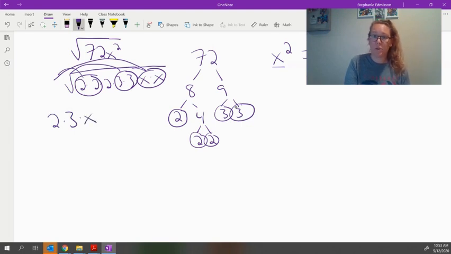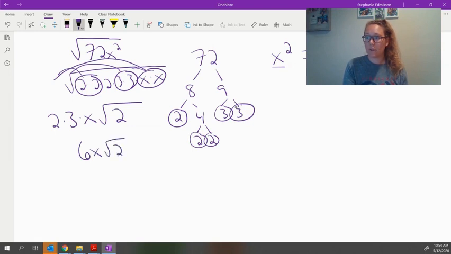See, I just took those from those pairs. Okay, but I'm not quite done because I need to multiply these together. So I will get 6x root 2. Okay, and that is it. That is the simplified form of the root of 72 x squared.